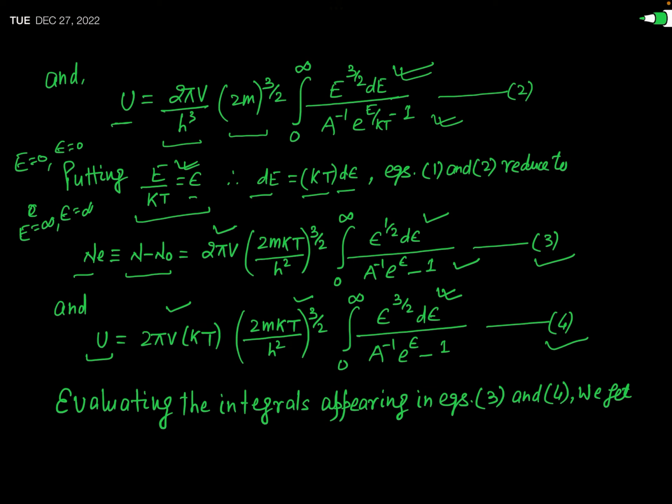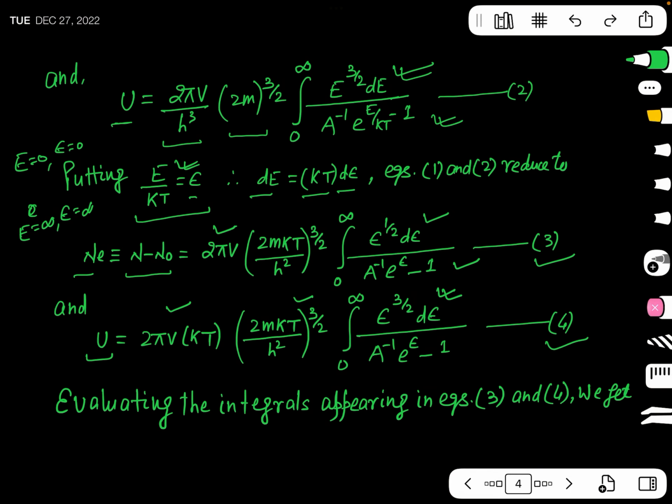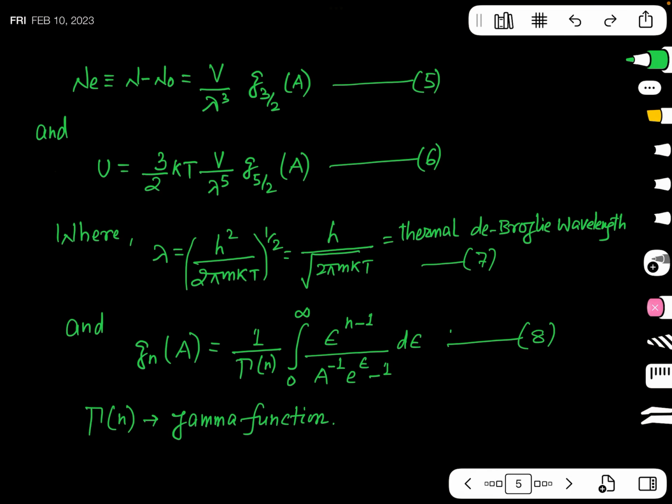Okay. Actually, we will evaluate these integrals in terms of gamma function. Okay. So when these two integrals which appear in equation 3 and 4 will be evaluated, what will be our result? I have written here directly, but you can see how the different quantities are defined.